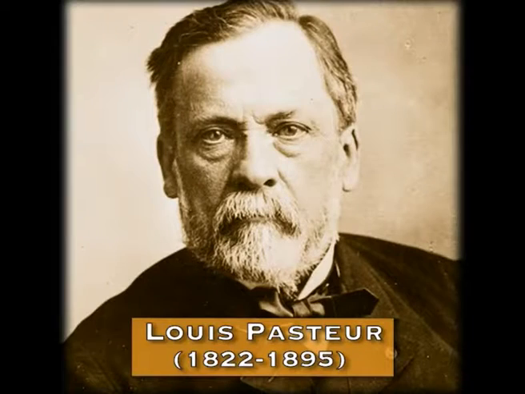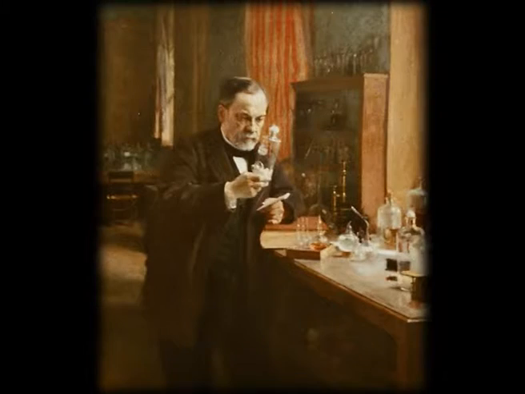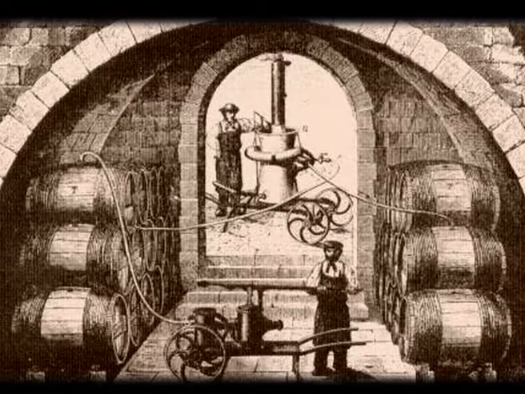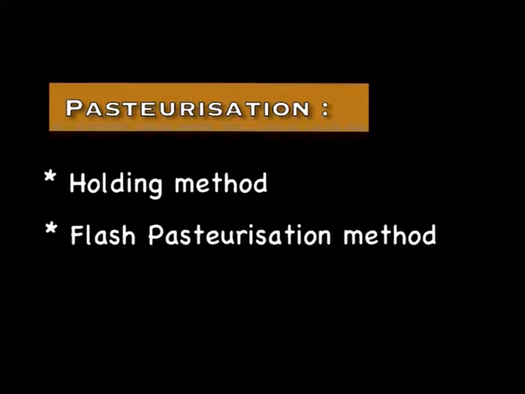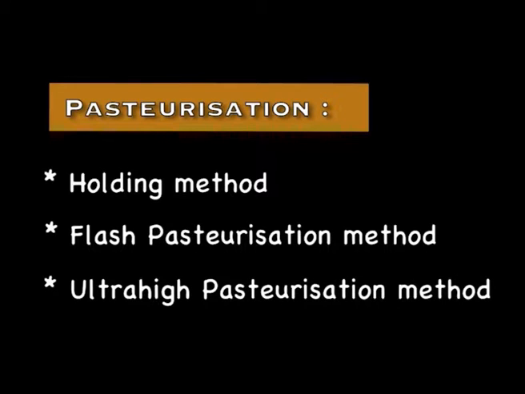Pasteurization was developed by the famous scientist Louis Pasteur. This method was initially used for decontamination of wine. Nowadays, it is used for sterilization of milk. This can be of 3 different varieties. The first is called the holding method, the second is flash pasteurization, and the third is ultra high pasteurization.